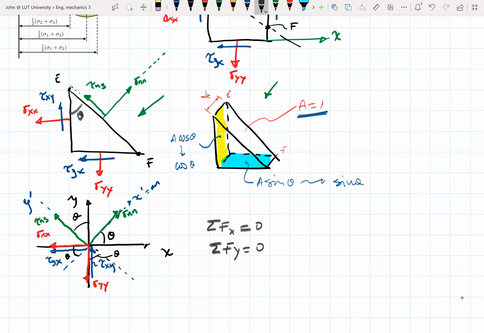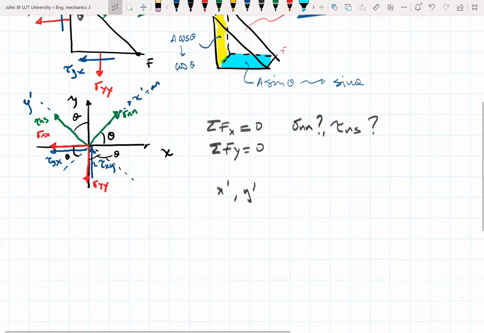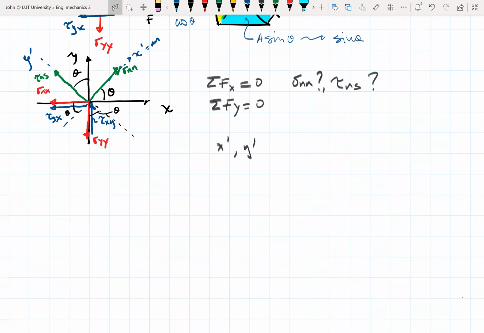However, to simplify things, since I want to find the normal stress in that inclined plane and the corresponding shear stress, I believe it would be more convenient to use the directions of x prime and y prime to do this equilibrium formulation. Let's start.